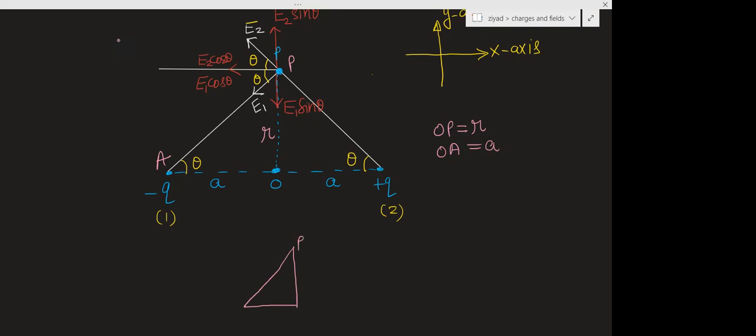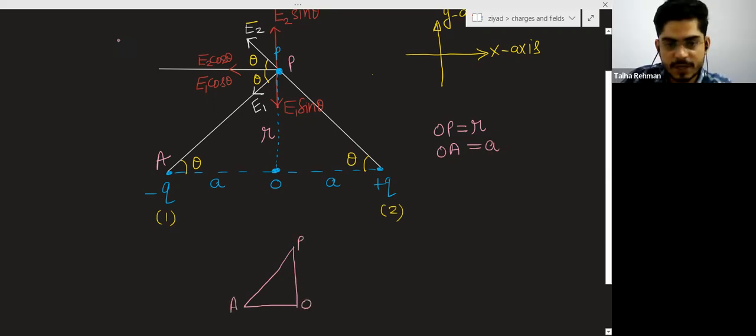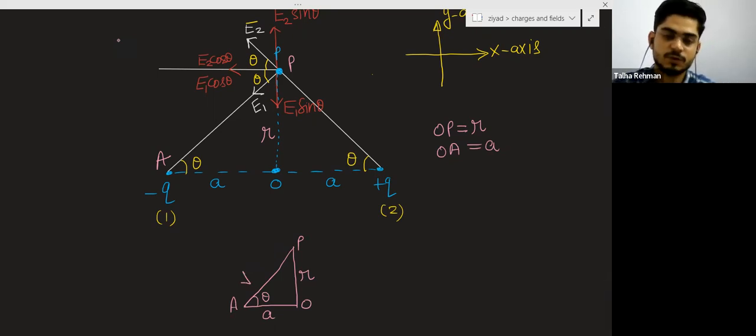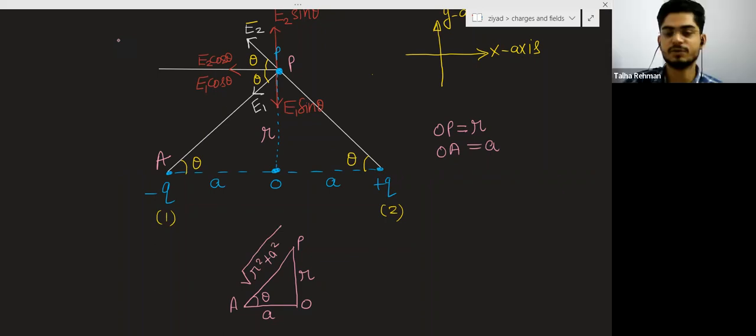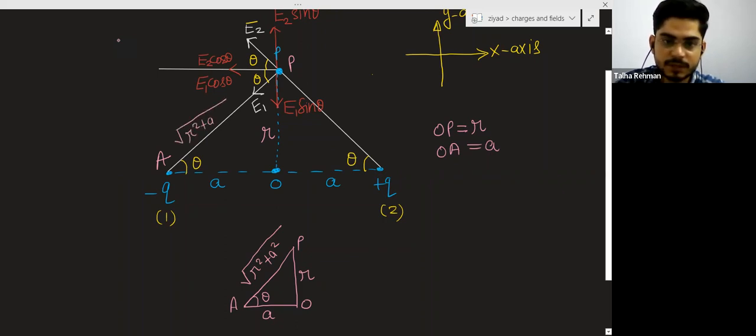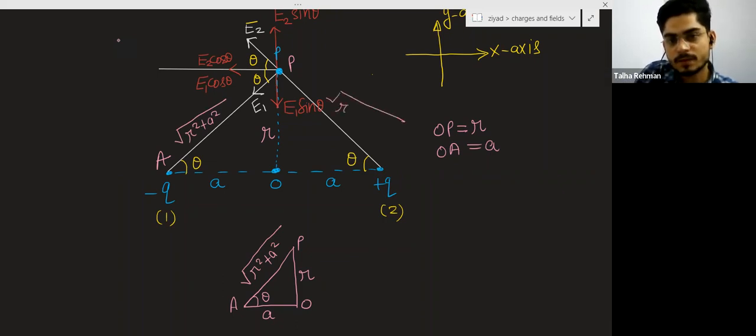This is point P, this is point O, this is point A, this distance is a, this angle is theta, this distance is R. When we apply the Pythagoras theorem, we get R square plus a square for this distance, and this distance also is R square plus a square.